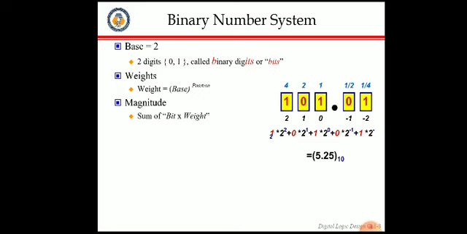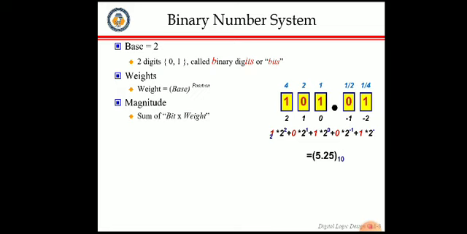There are 3 bits in the integer part. In the fractional part, you have 2 bits, 0, 1. And if you observe the weights, 2 power 0, that is 1, is the weight of the units place, and 2 power 1 is the weight of the next place. 2 power 2, that is 4, is the weight of the next place, and so on.